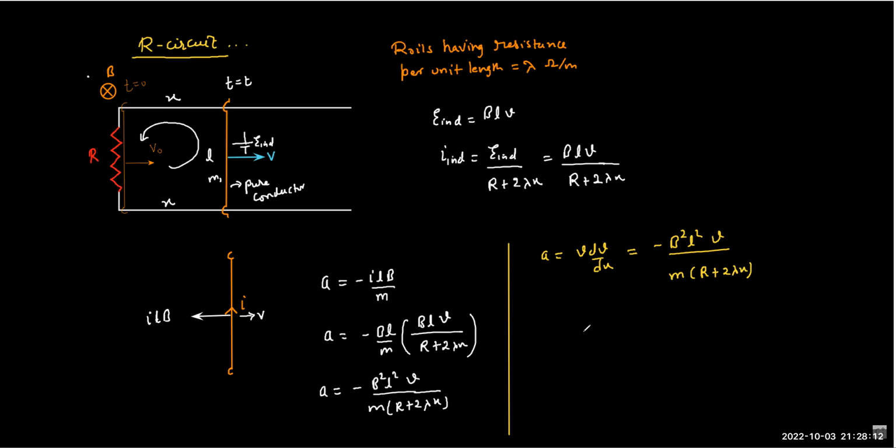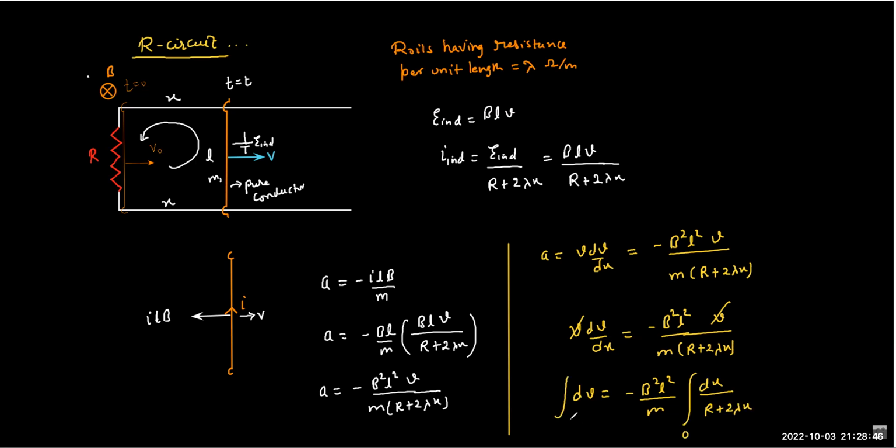So you can see in the next step we can cancel the V. And now this is quite integrable because it's a function of only X. You can do the integration.